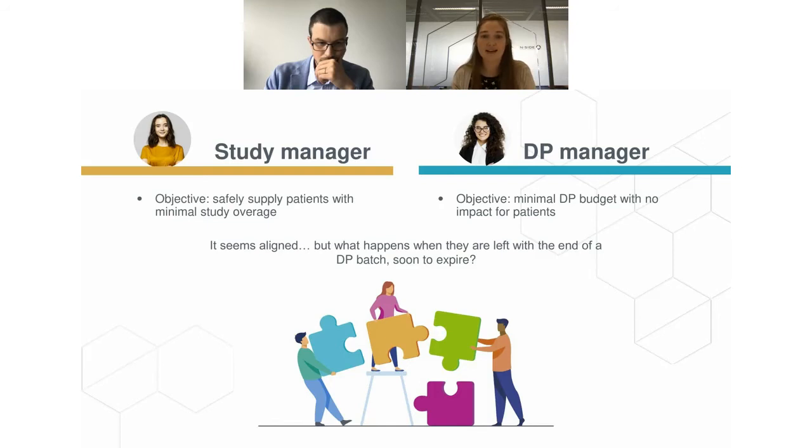Now, on the side of the DP manager, leaving that batch unallocated and in the inventory until it expires also is not in alignment with her goal. So here it might be an obvious case where if the two of them talk together, they can find a global alignment and the global optimum.